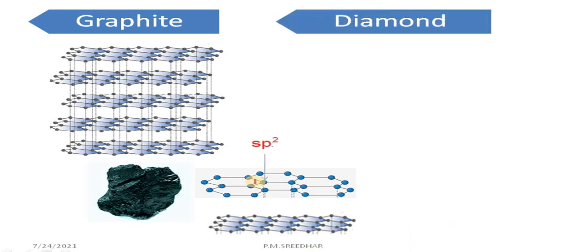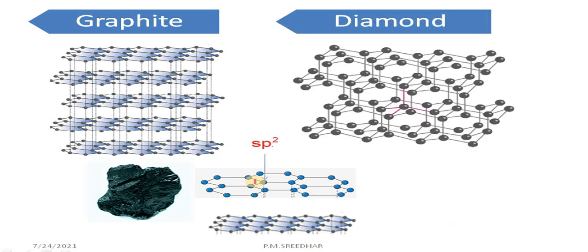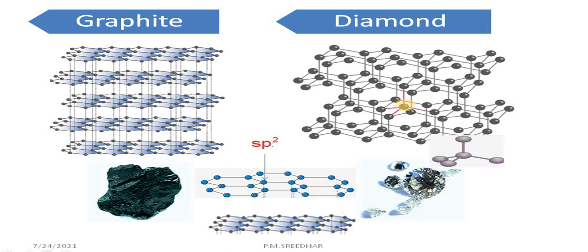Diamond. Diamonds are hard. This is the lattice of diamond. The carbon atoms present in diamond are strongly held by covalent bonds. Diamonds are very hard. If you see the diamond lattice, all the carbon atoms have tetrahedral arrangement. I will bring one tetrahedral arrangement from the diamond lattice to understand. So this is the tetrahedral.